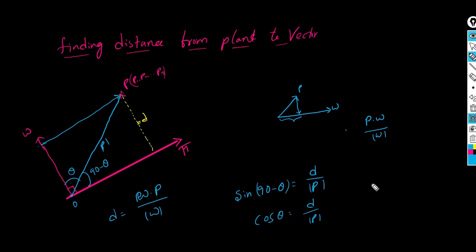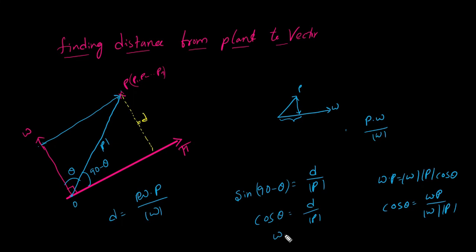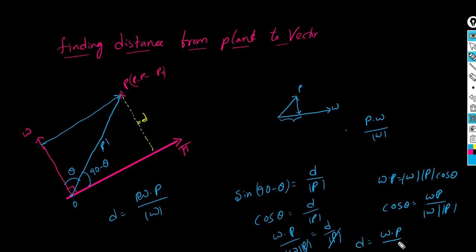And cos theta here, we know W dot P equals modulus of W modulus of P cos theta, so cos theta equals W dot P by modulus of W modulus of P. Now it becomes W dot P by modulus of W modulus of P equals d by modulus of P. Modulus of P cancels, so d equals W dot P by modulus of W. This is the same thing that we got.